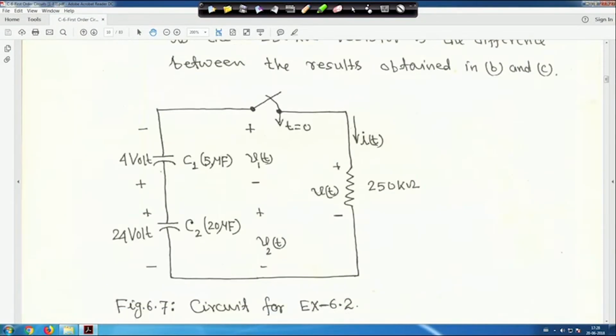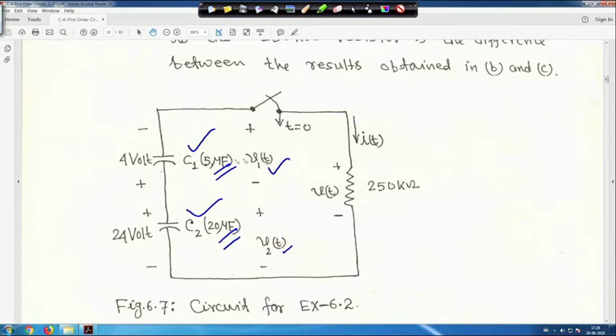Now, here this is the circuit that is given, and look at the polarity, right. So, here we have taken V1t, this is the capacitor C1, it is 5 microfarad, this is capacitor C2, 20 microfarad, and somewhere I have marked plus minus. So, this is V1t, V2t, right.